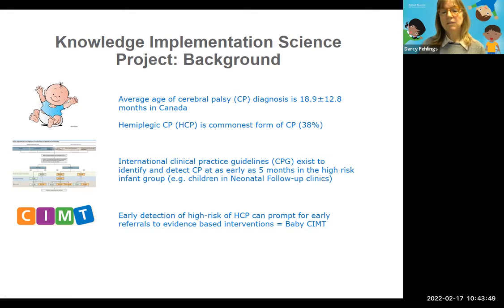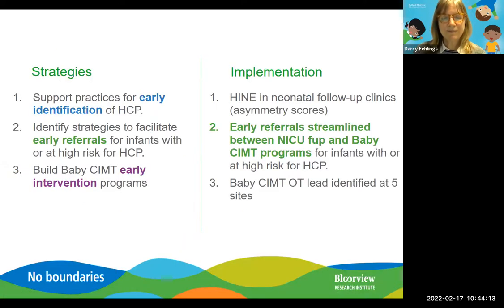We now have international clinical practice guidelines that outline that children can be identified as early as 5 months of age, particularly if they're in the high-risk infant group and followed in neonatal follow-up clinics. And we've got evidence that baby constraint is effective, but not readily available.